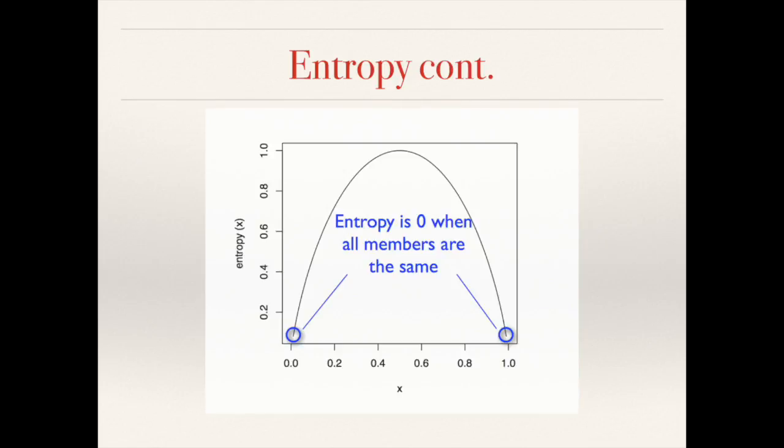For the two-object system, let x be the chance of one object in the two-object system in this figure. Obviously, 1 minus x will be the chance of the other object. When x is 0 or 1, that means the system is certain without any randomness.